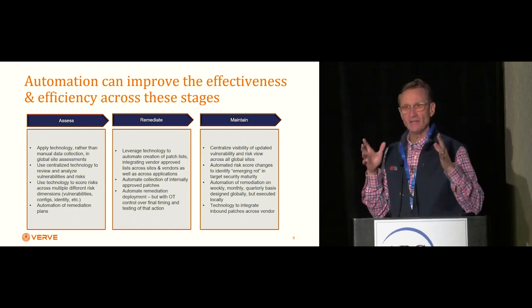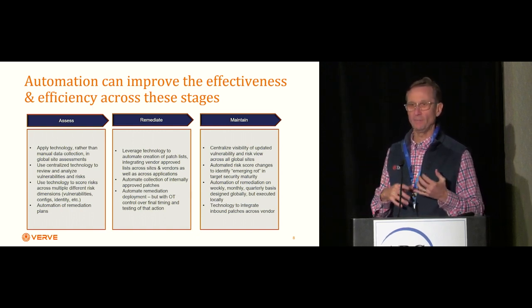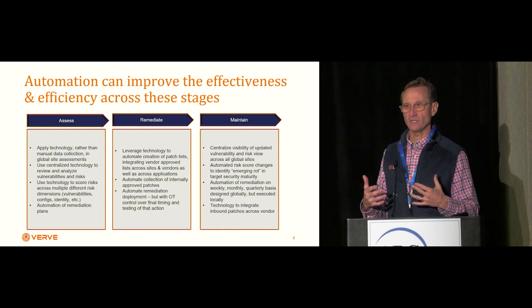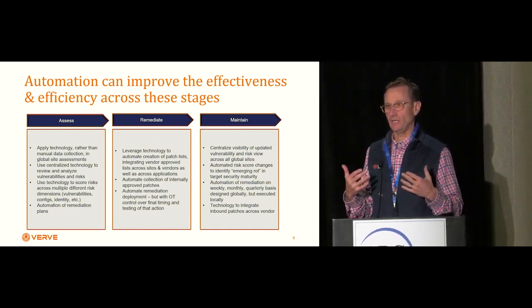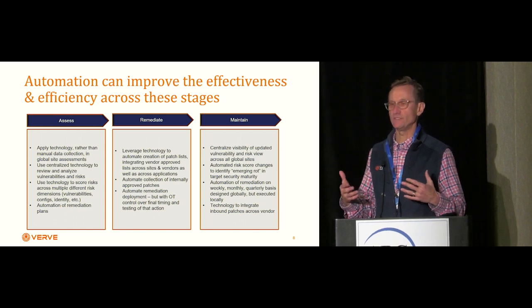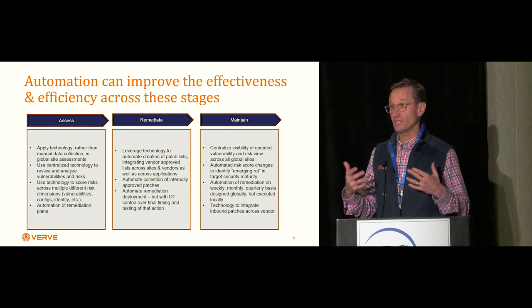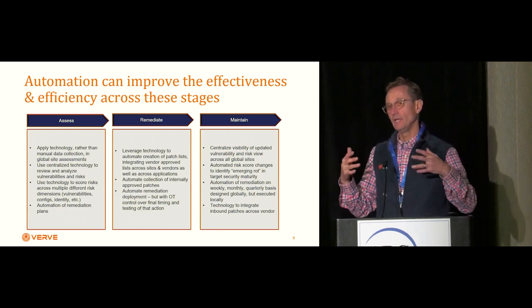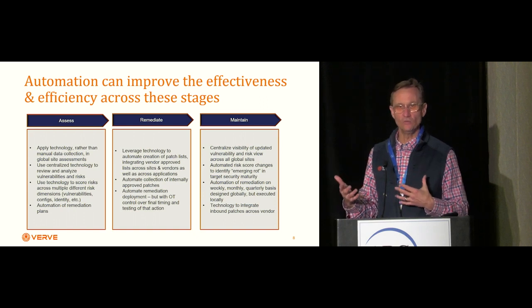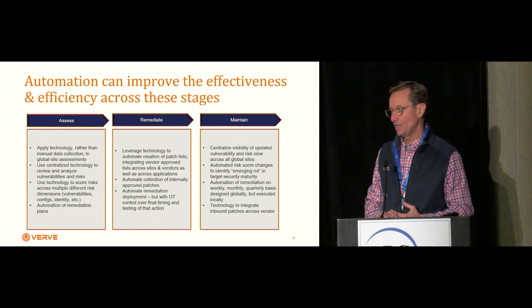So on the assess piece, on understanding what are my risks? Number 1, applying technology to that process rather than just relying on essentially a manual labor-intensive collection. So oftentimes people go through an assessment and they'll send people out to the sites and they'll try and do walkdowns, et cetera. There's a technological way to do that without going through those manual processes where we can add automation.